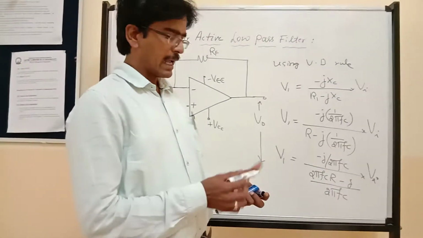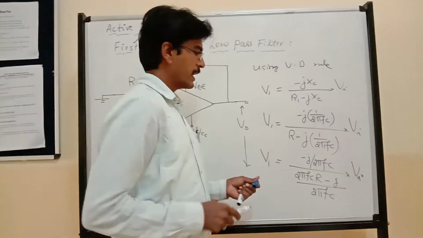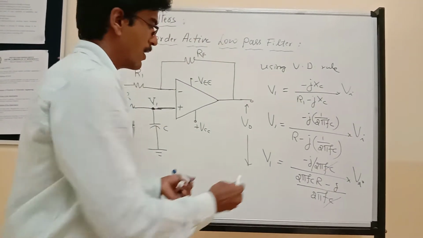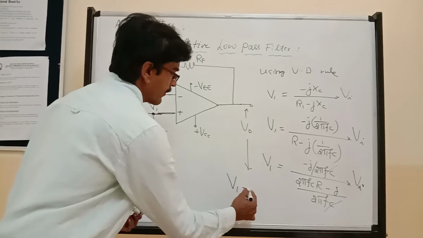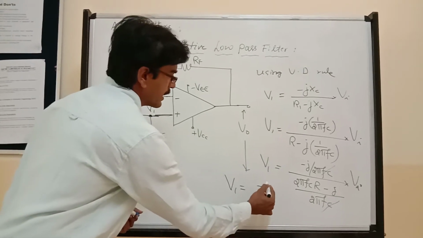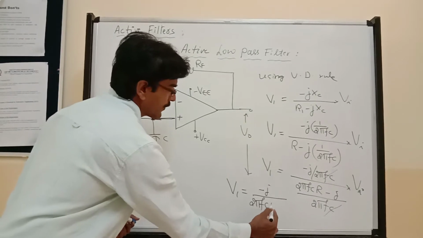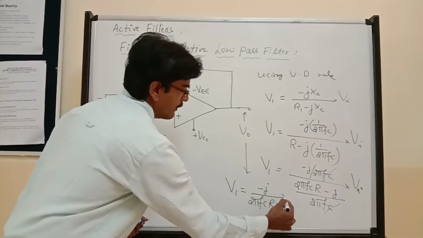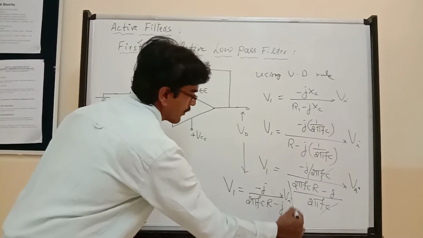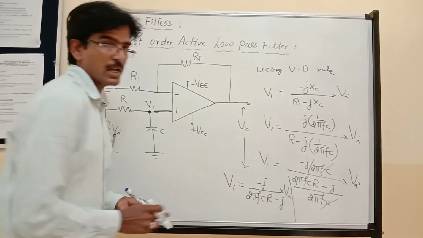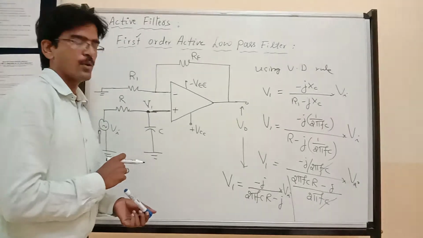Now I can cancel the denominator. Then what we get is V1 equals minus j divided by 2 pi FCR minus j, into Vi. So this is the equation we got. Now I want to eliminate j in the numerator.